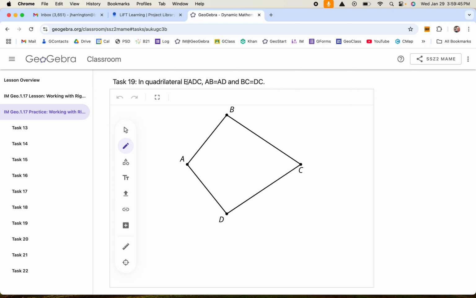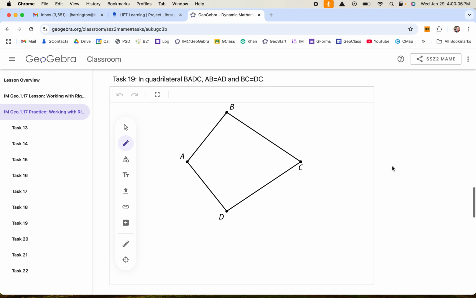Quadrilateral BADC. There it is, BADC. AB equals AD, so this line segment and this line segment are the same length, and BC equals DC, so that means that this is a kite. Yes, it's a kite shape.